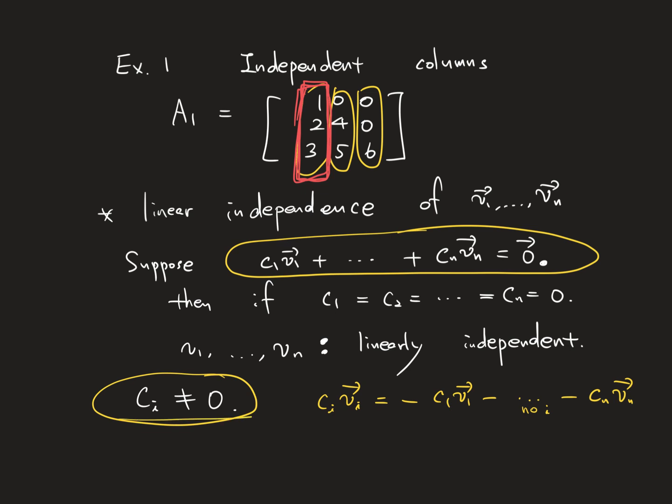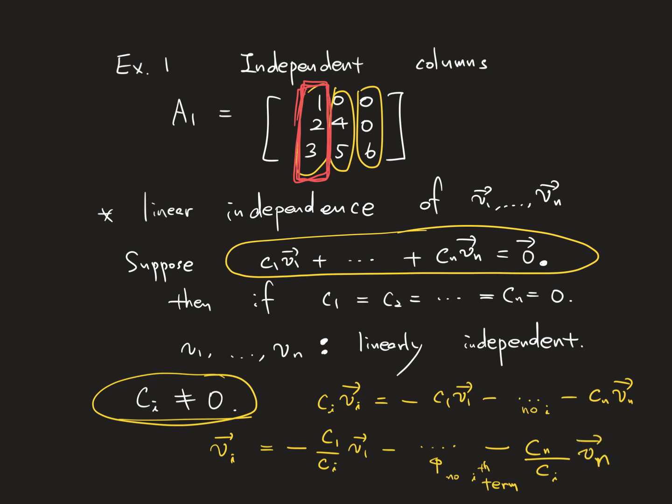But Ci is not 0, so we can divide by Ci. If we divide here, then Vi is minus C1 over Ci times V1 minus and so on, but as you see, no i term, and then Cn over Ci times Vn.